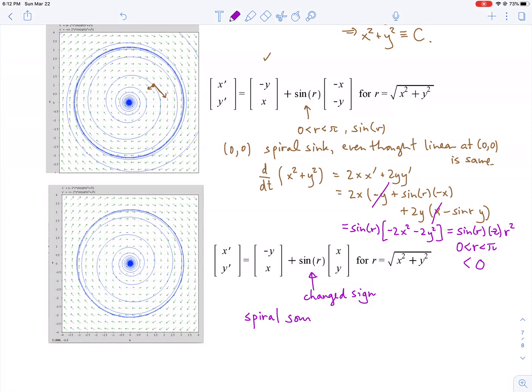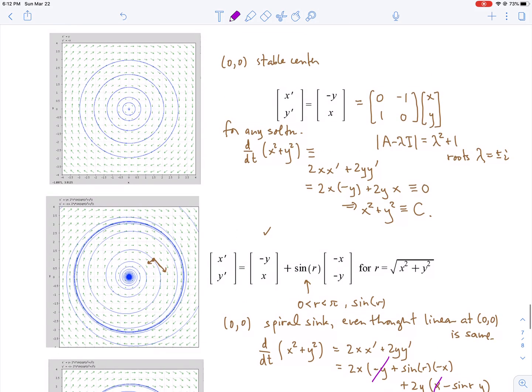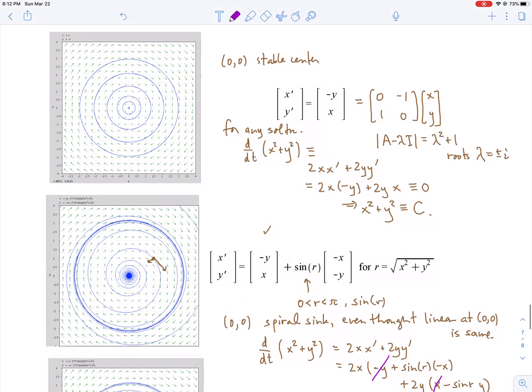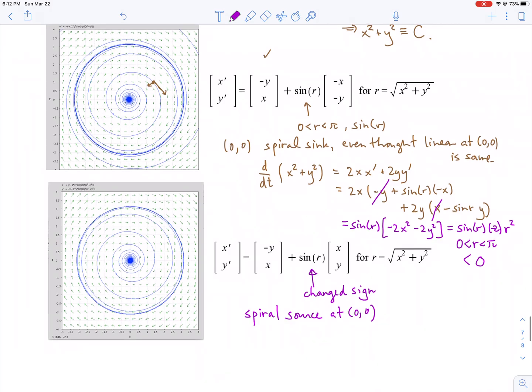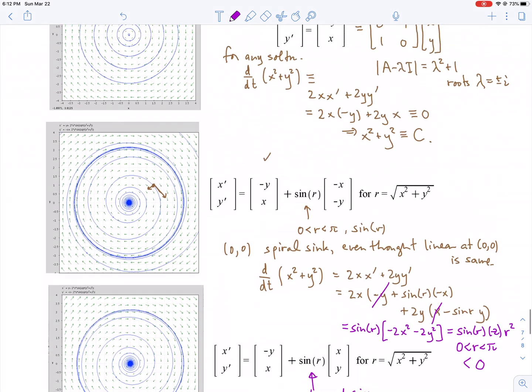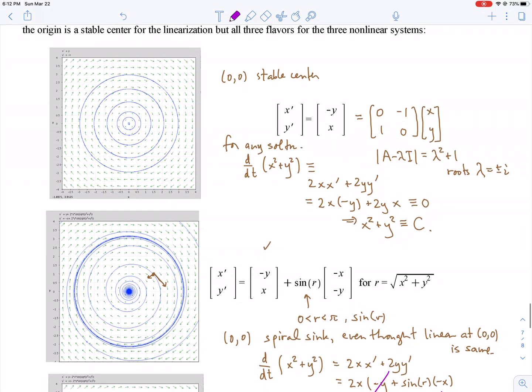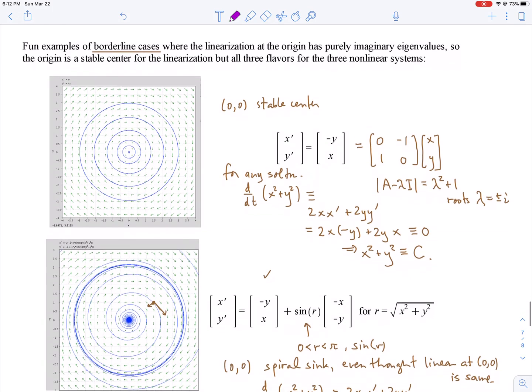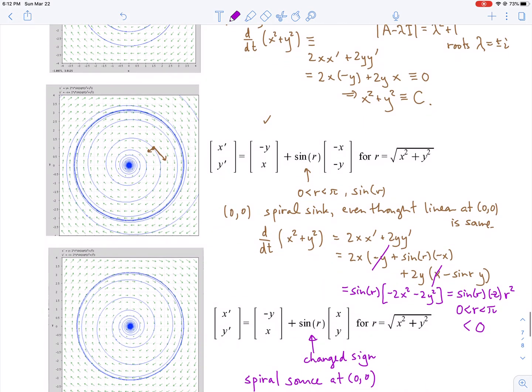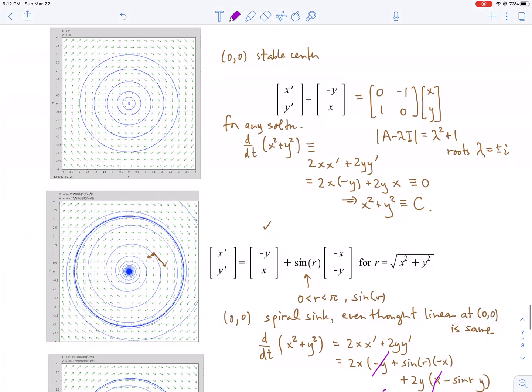Even though the linearization in all three cases is what you started with in the first example. So this really illustrates how borderline the stable center case linearization really is. And it's an illustration of something cool that we haven't seen before.